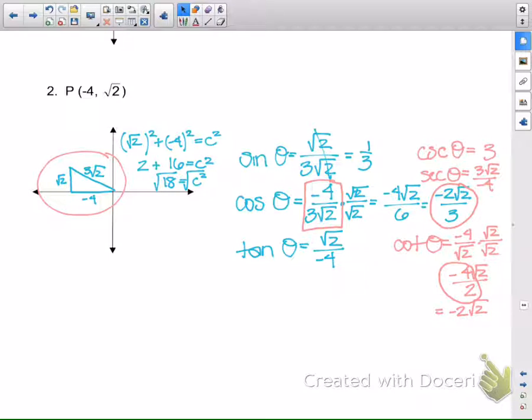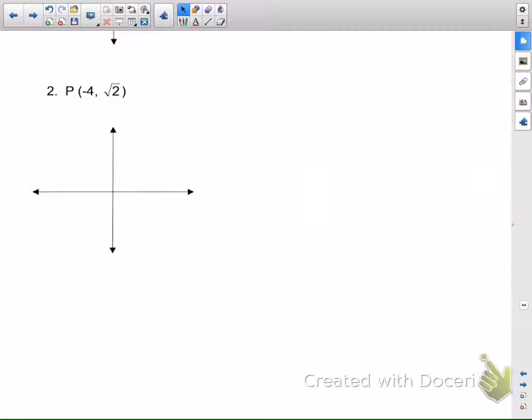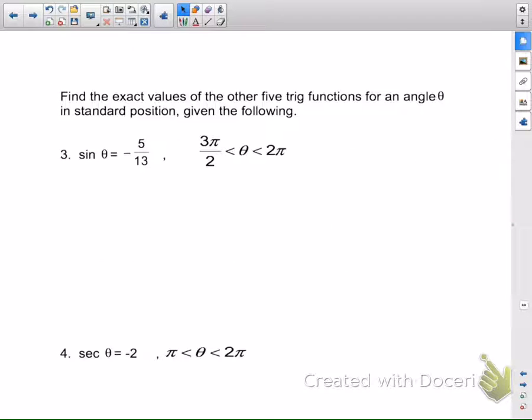All right, there's two ways here to be given information. You can be given a point, or you can be given what we see on the next page. What you are given here, you are given quadrant information, plus you are given one of the trig identities.